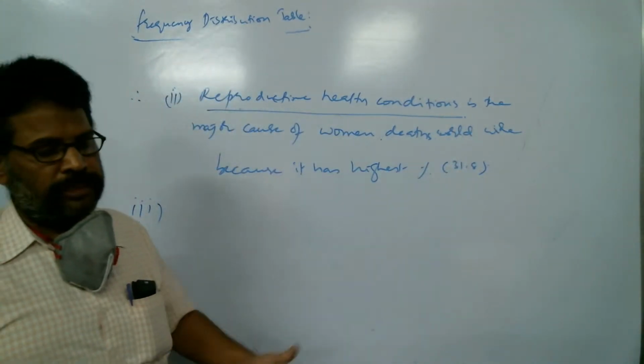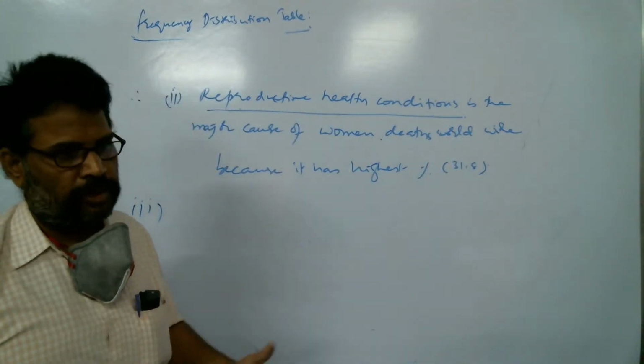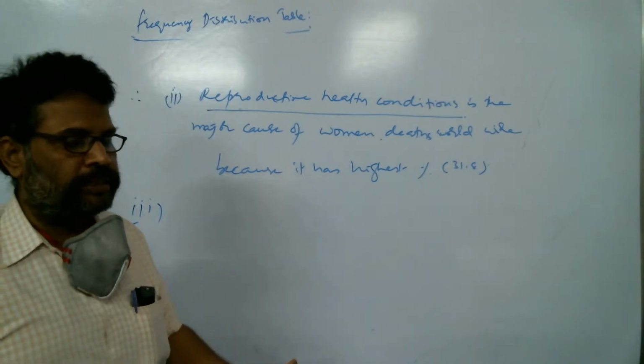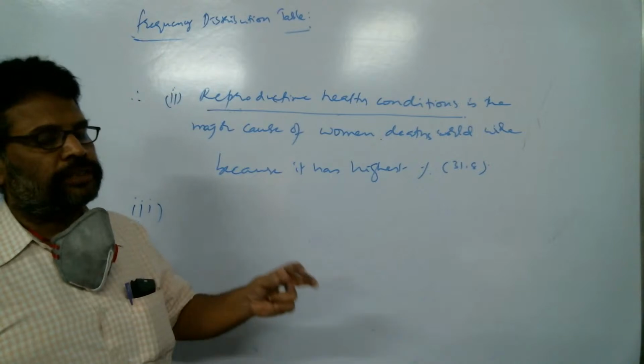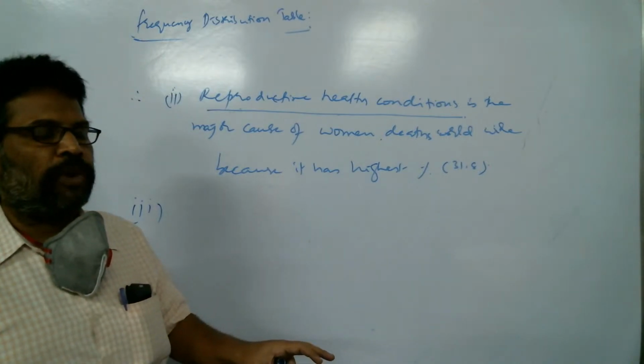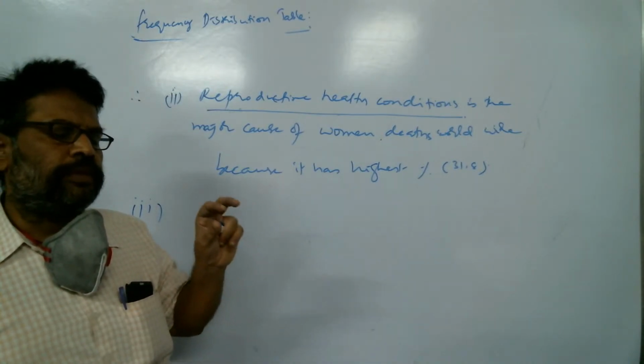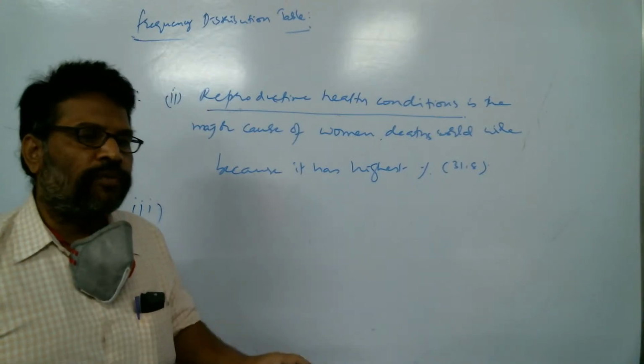The mother is giving birth to a new baby, that is called reproductive. During pregnancy, post-pregnancy, prenatal care, or during the formation of the baby, puberty, these all factors are there.